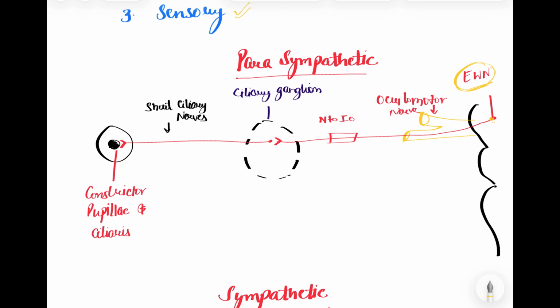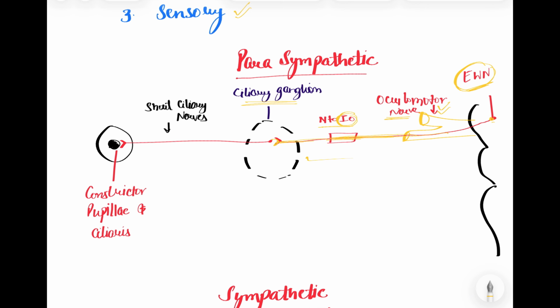It passes through the third nerve, that is the oculomotor nerve. Then this fiber enters into the branch which is supplying the inferior oblique muscle. The parasympathetic fiber will pass through this nerve over here. Then finally this nerve is going to relay in this ciliary ganglia.